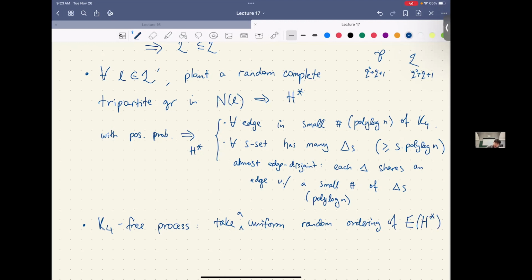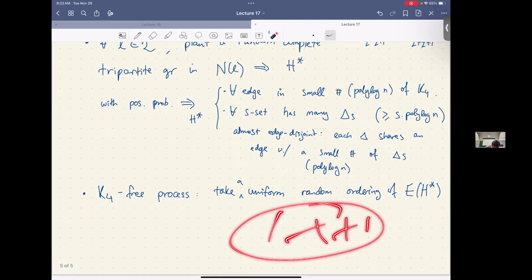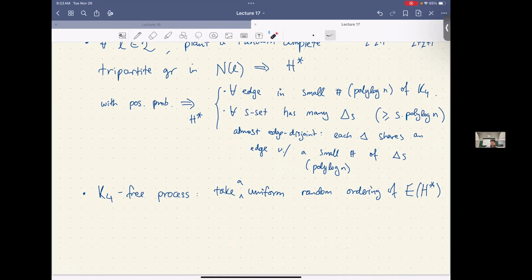Every edge of H star you give an ordering number 1, 2, 3, 4, 5.